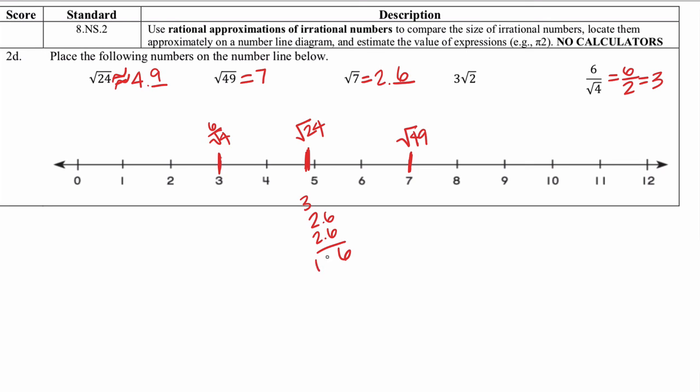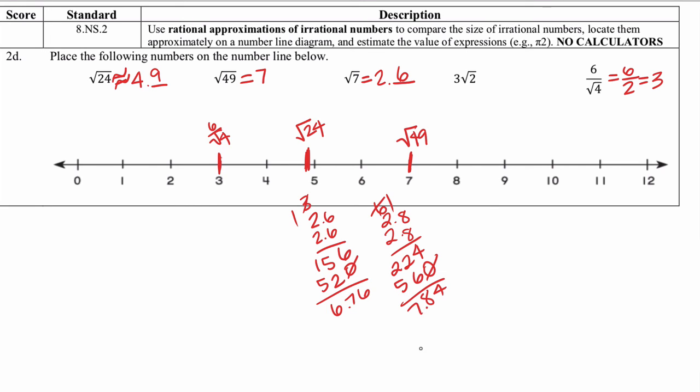That's pretty good, but we probably could get better. So let's try 2.8. That's too big. So 2.7 would be in between these two, so that'd probably be best, 2.7.